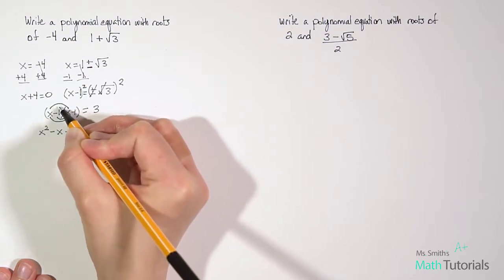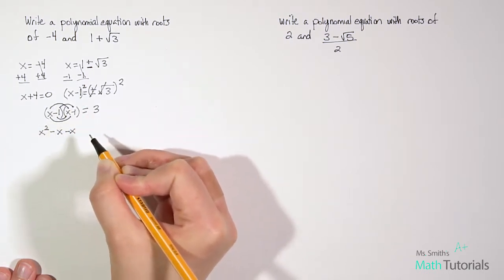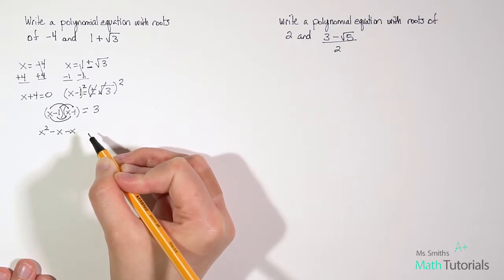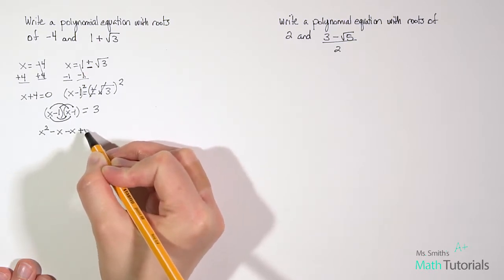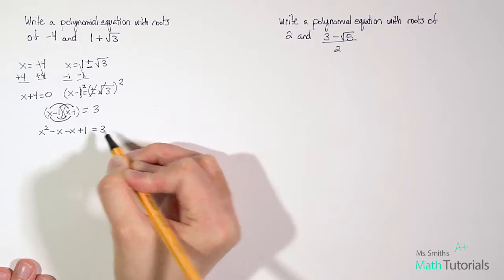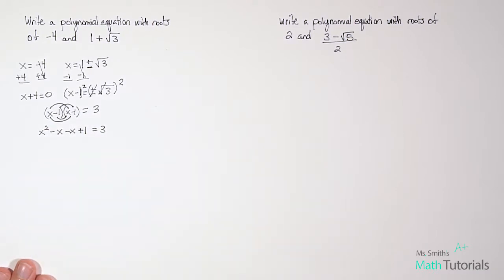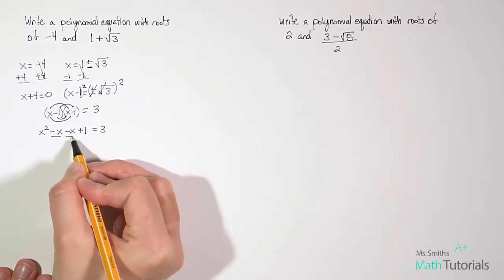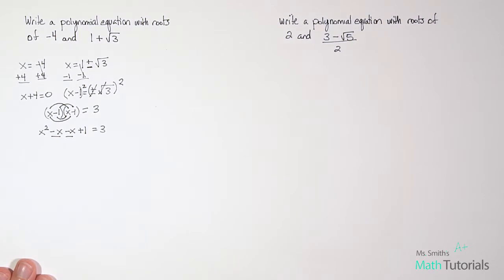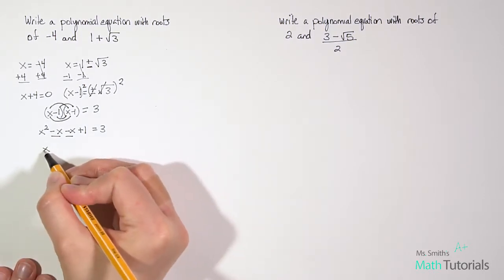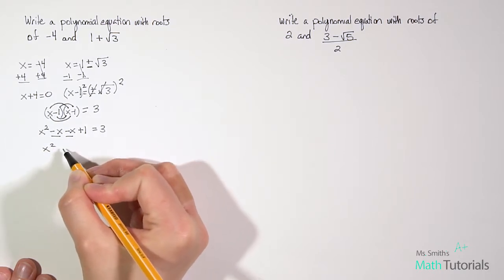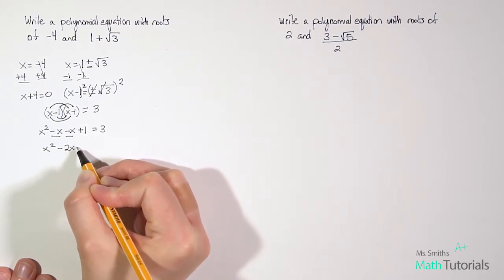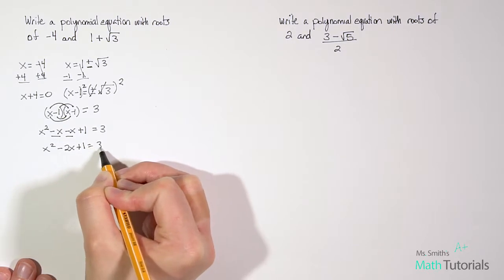And last, negative 1 times negative 1 is a positive 1, equals 3. So let's go ahead and combine those like terms in the middle there. So negative 1 minus 1, well, that would give us a negative 2x plus 1 equals 3.